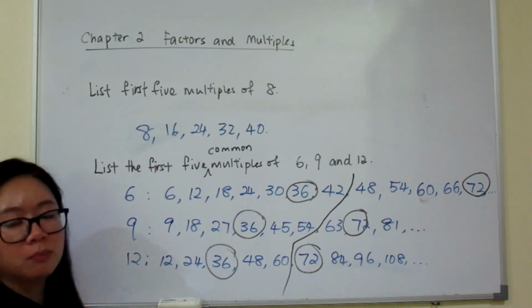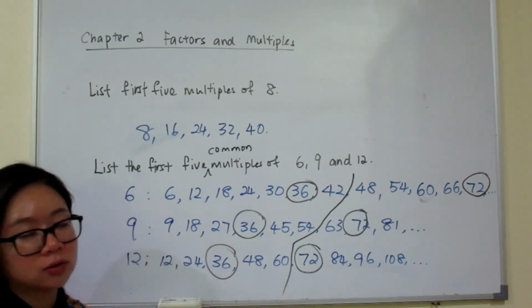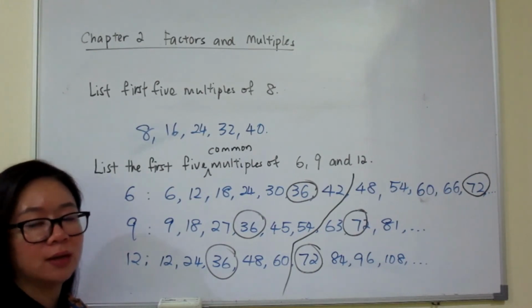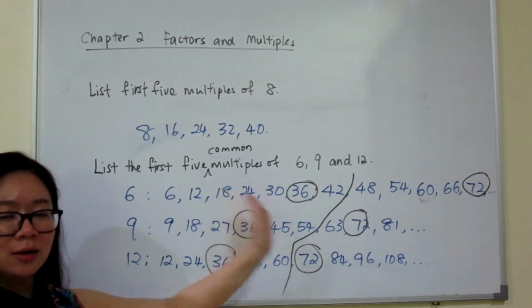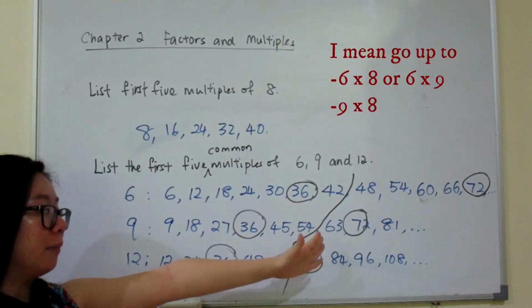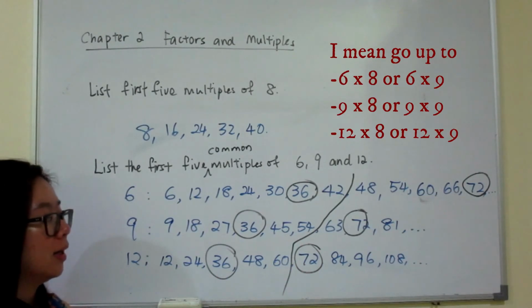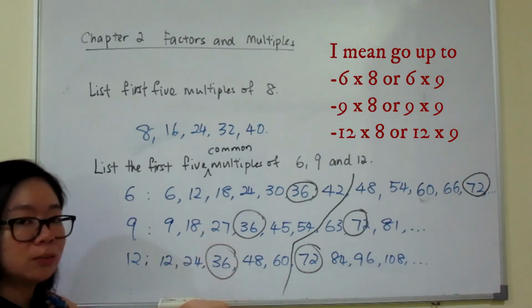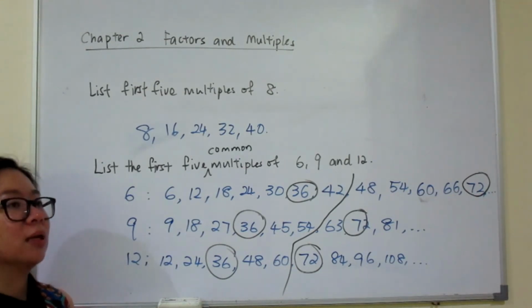Of course, you need to practice to know when to stop. You need to get familiar with the numbers. Anyway, you can do like me, go up until 9 or 8, and if you can't see any common multiples, you extend again. Okay? That's another way you can do it.